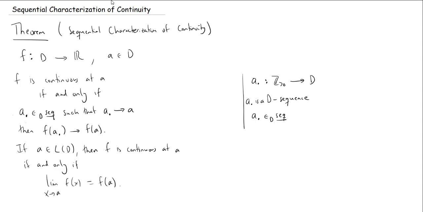So it's not super exciting that this condition holds, because if there is no sequence that converges to A, then you're certainly not going to be interested in whether or not f of any sequence that converges to A converges to f of A. Like that just doesn't happen. Second, if we know that A is a limit point of D, then we at least know that there is some D sequence which is going to converge to A, namely A itself.